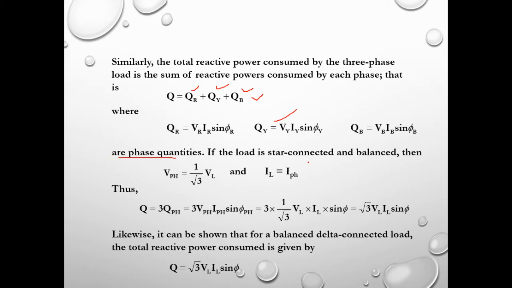If the load is star connected and balanced, then V phase is equal to VL over square root 3 and IL is equal to I phase. Remember, this is a star-connected load.